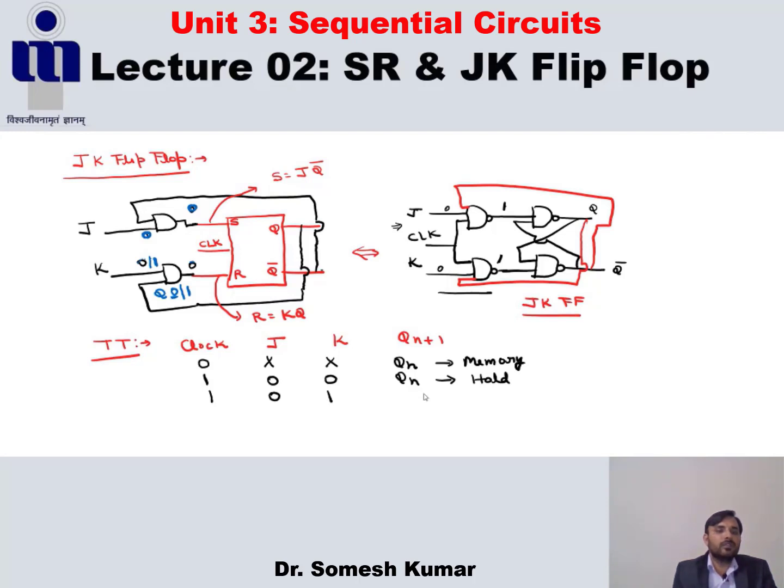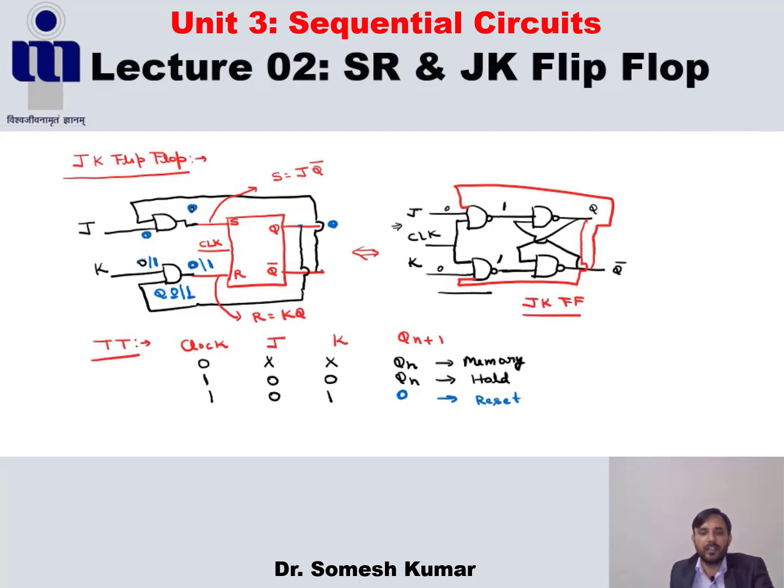If Q is 0, it becomes 0, and if both inputs of the SR flip-flop are 0 0, the output remains in the previous state, which we assumed is 0, so the output remains 0. In the next case, if K is 1 and Q is also 1, the output becomes 1, and if the inputs of the SR flip-flop are 0 and 1, then the output is 0. So in both cases, when Q is 0 and Q is 1, Qn plus 1 remains 0. This is called the reset state.